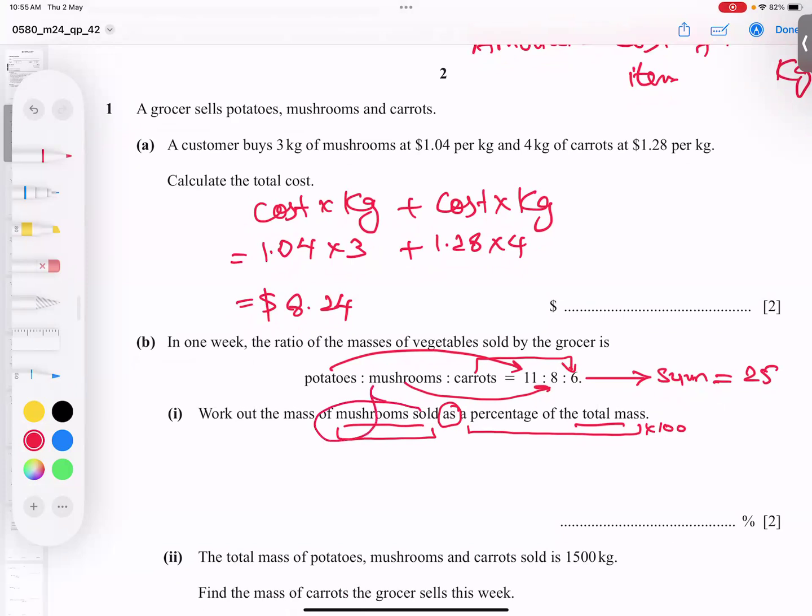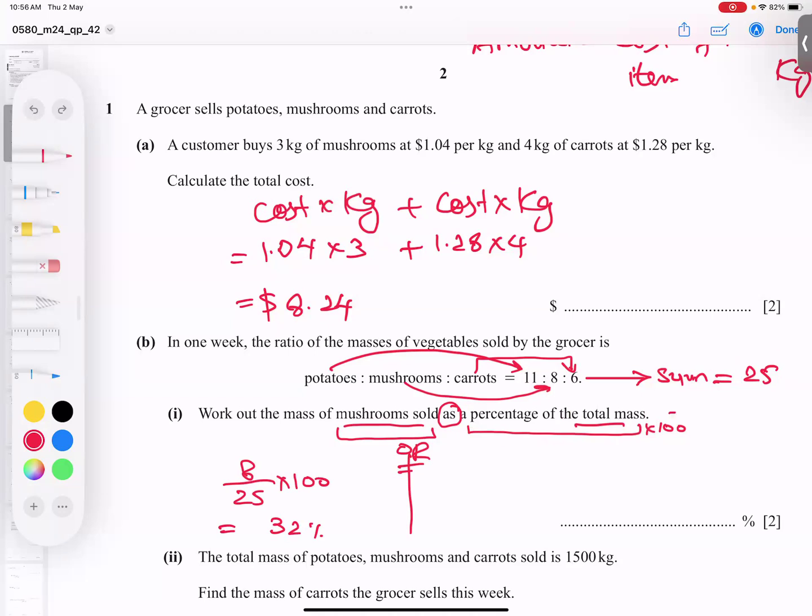The mushroom ratio is 8, so I keep 8 in the numerator, and the total is 25, which I keep in the denominator, times 100. If we type it in the calculator, we get 32%.